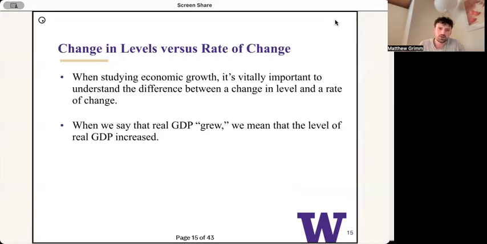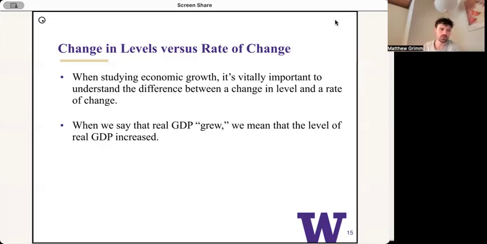Okay, let's talk a little about the change in levels versus the rate of change. When studying economic growth, it's important to understand the difference between a change in a level and a rate of change. When we say the real GDP grew, we mean the level of real GDP increased, and sometimes that's useful. However, sometimes it's more useful to look at the rate of change, or the growth rate, of the GDP.